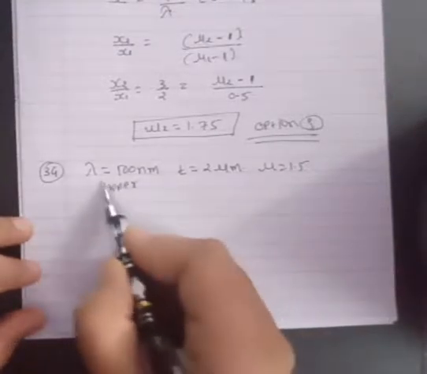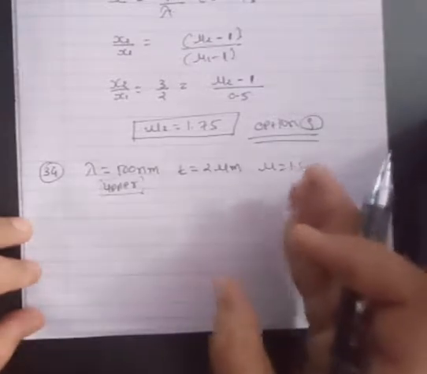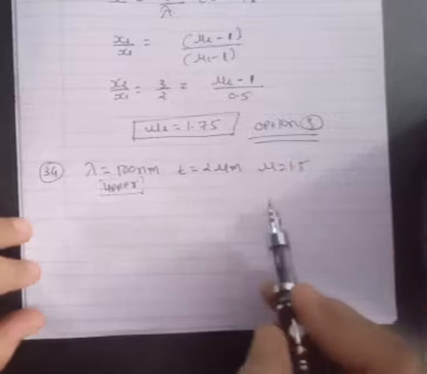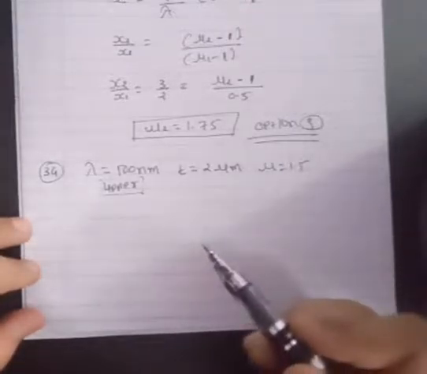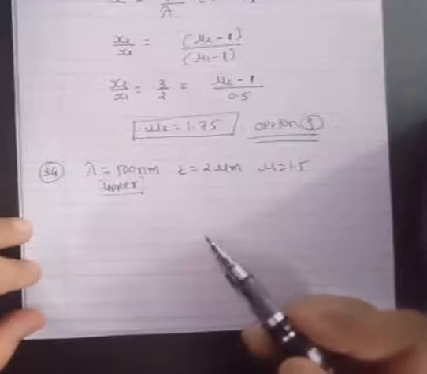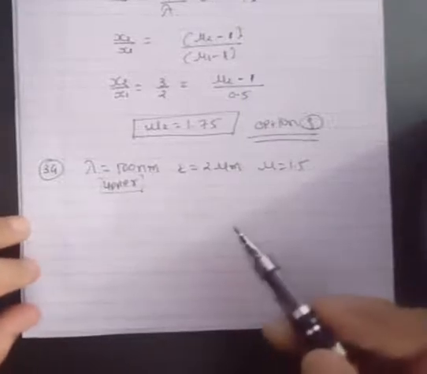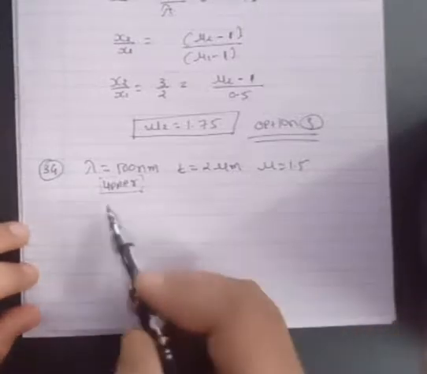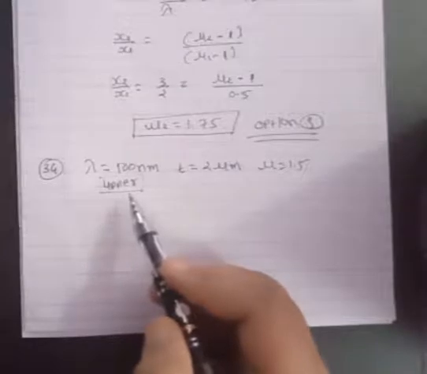As it is introduced in the path of the upper beam, the whole diffraction pattern on the screen will be shifted in the upward direction. The location of the central maximum will shift in which direction and by how much amount? It will shift in the upward direction. Now we want to find the amount.